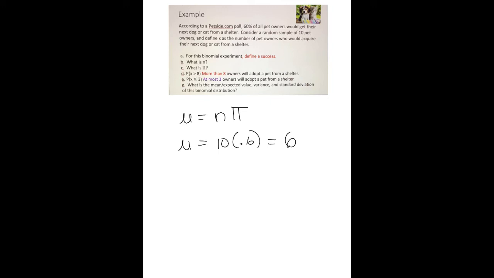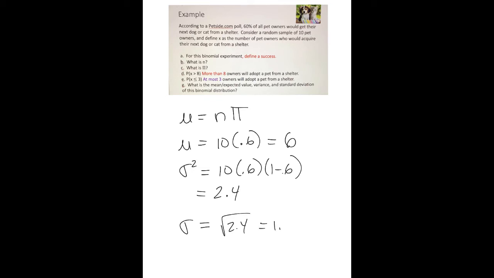And finally, the variance is equal to 10 times 0.6 times 1 minus 0.6, which is basically 6 times 0.4, or 2.4. And the standard deviation is the square root of 2.4, which equals 1.549, or approximately 1.55. Okay, so that's basically the process you'd go through to solve a question similar to this.